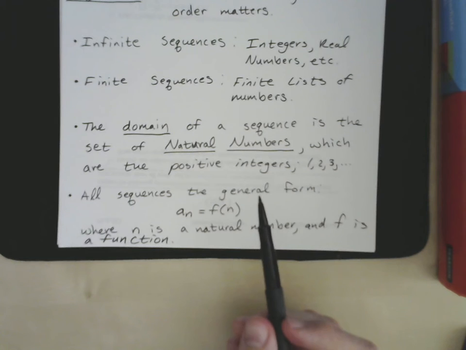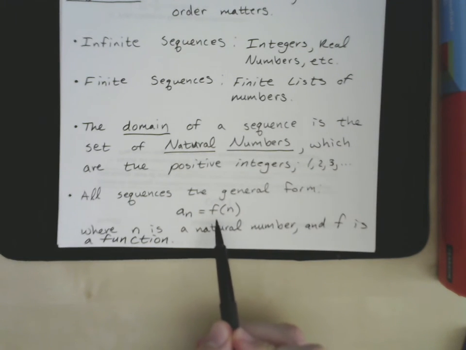So one of the most important parts of a sequence is figuring out what this f of n is. And that's basically half of the battle that we encounter when working with sequences.